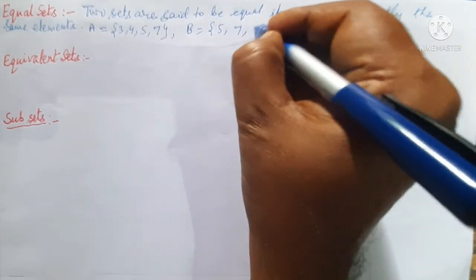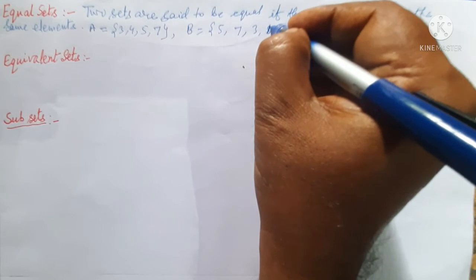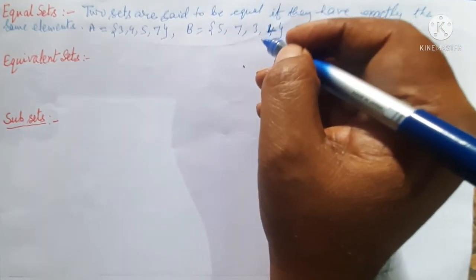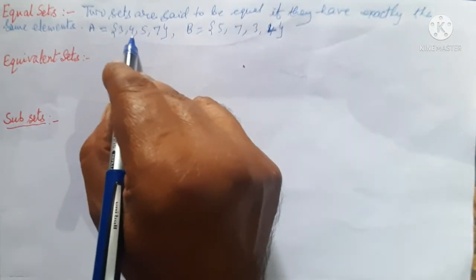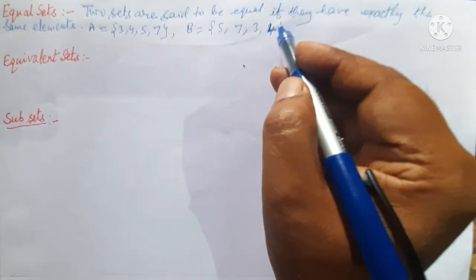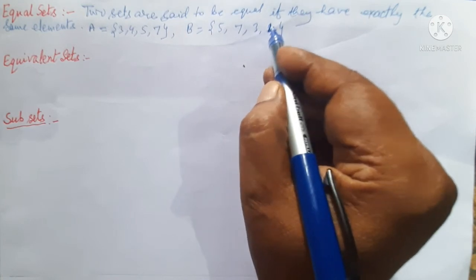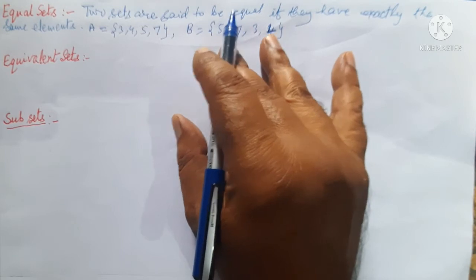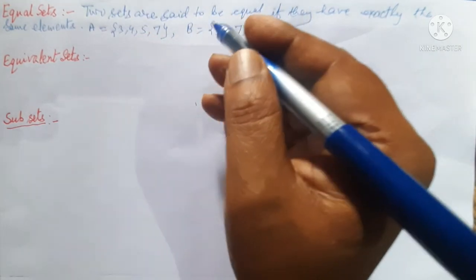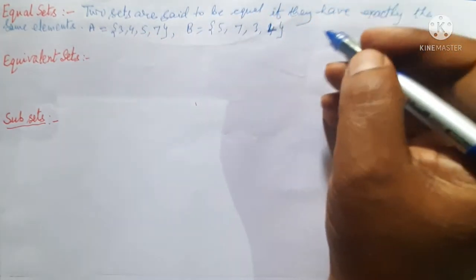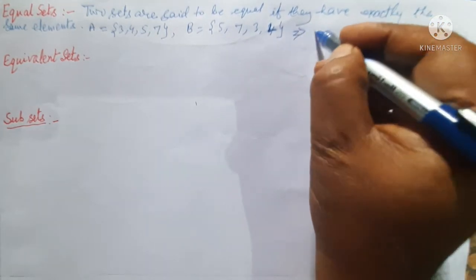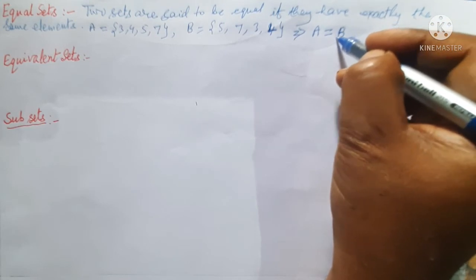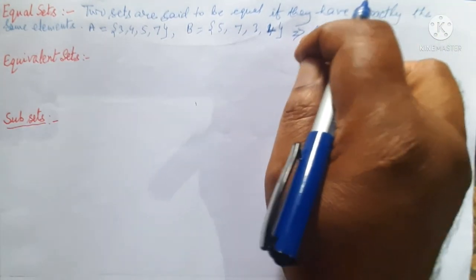Set A has the same elements, 3, 4, 5, 7, as set B. Change of position doesn't matter. It means set A is equal to set B.